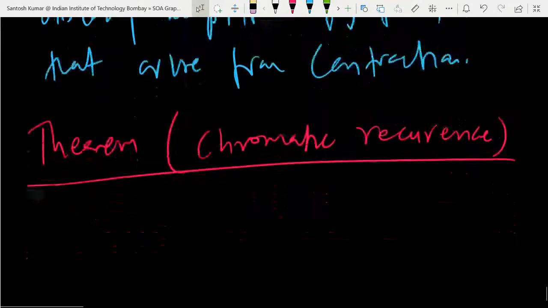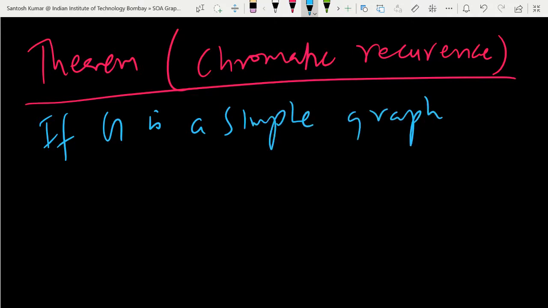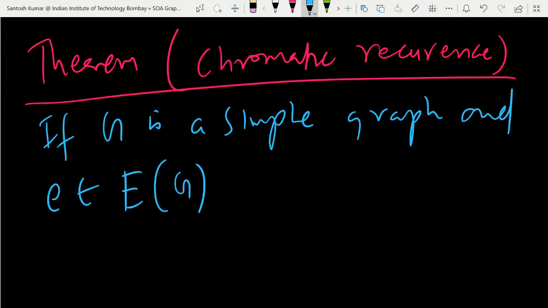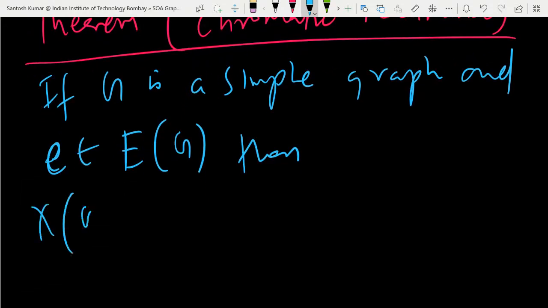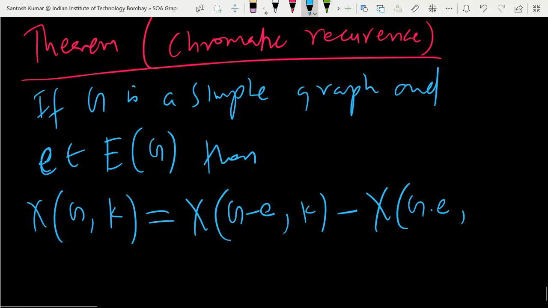This formula says: if G is a simple graph and E is an edge in graph G, then the chromatic polynomial of G is equal to the chromatic polynomial of G minus E, where you remove that edge from the graph, minus the chromatic polynomial of G dot E, the contraction of edge E in the graph G. This is the expression.